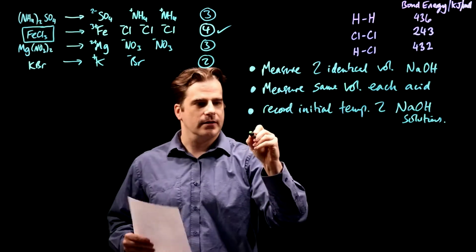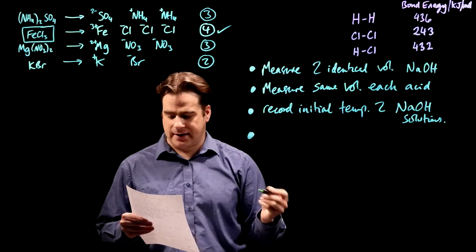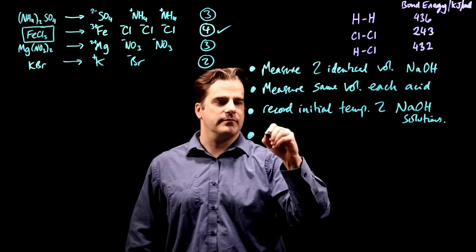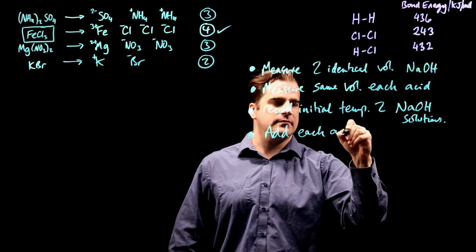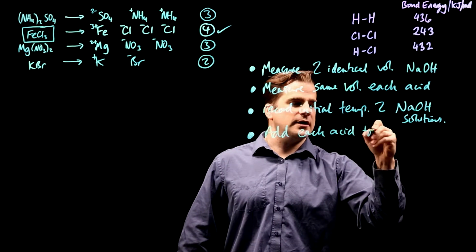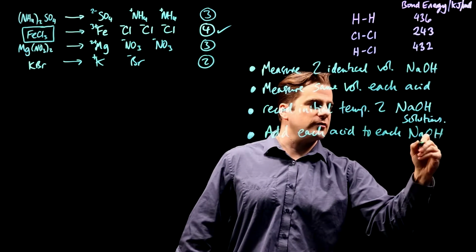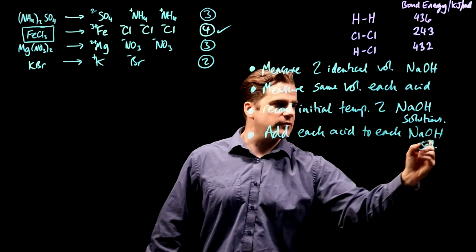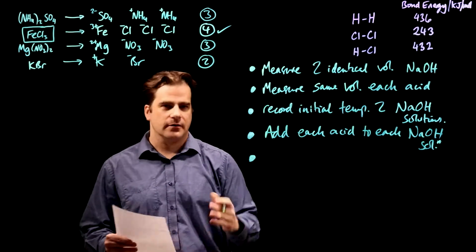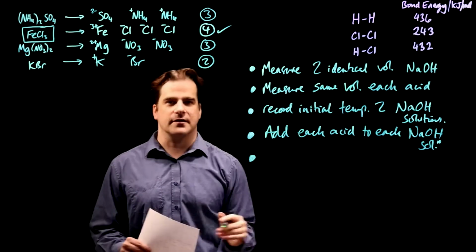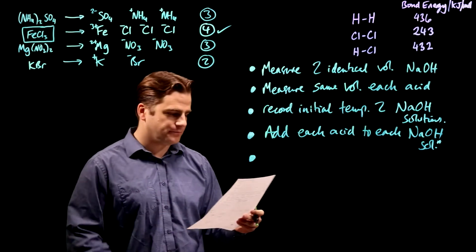Okay. Next, add each acid to each sodium hydroxide solution. Okay. Obviously you have to write this out in full sentences in the real thing, but I'm doing it shorthand.